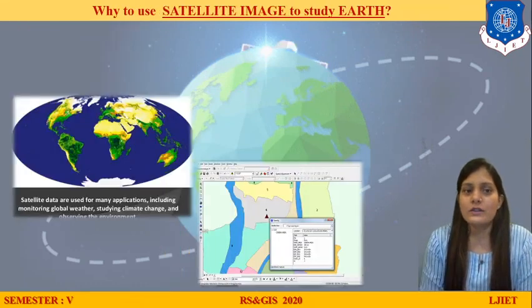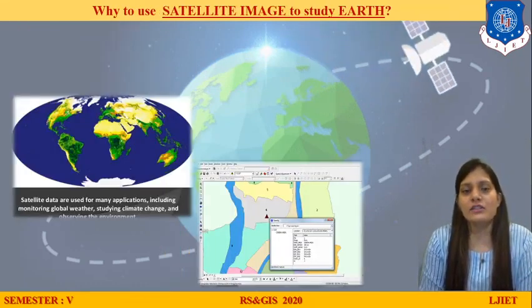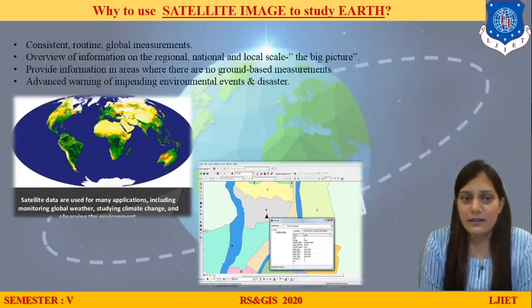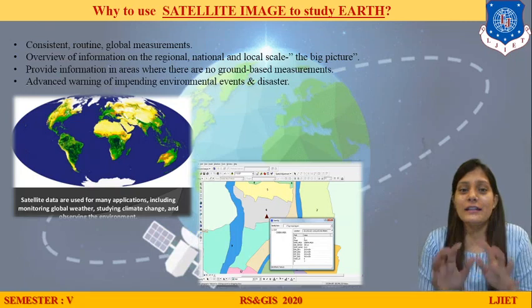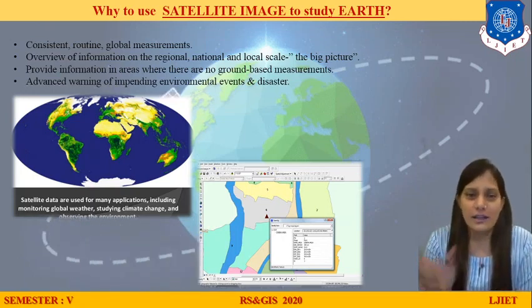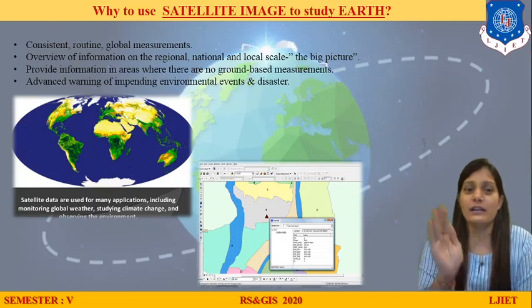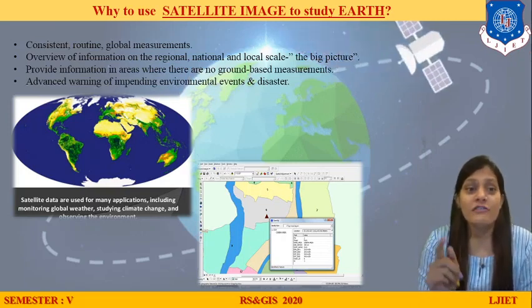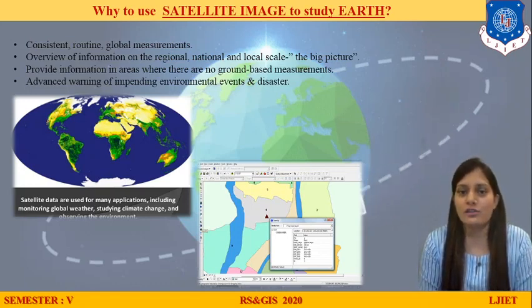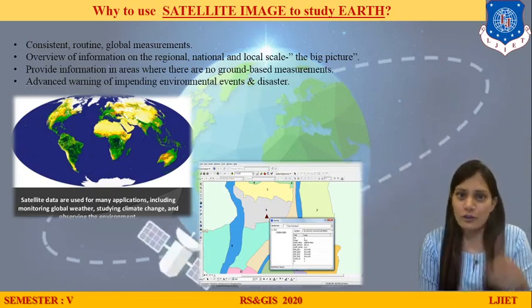Next, we are going to see why to use satellite image to study Earth. Yes, this is a major question. Why are we using that? As I told you, it gives us a global view, which gives us a big picture. And that is very important, that in one view we can have a whole image of our Earth. You can see here I have shown the image of the whole Earth. Now what are we going to do on this image?